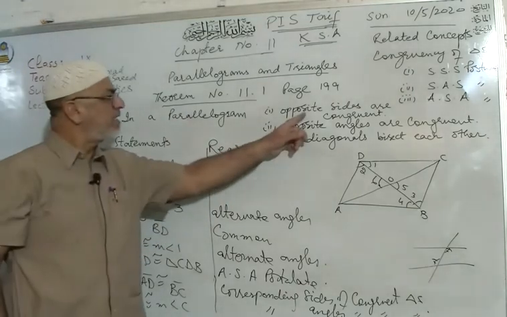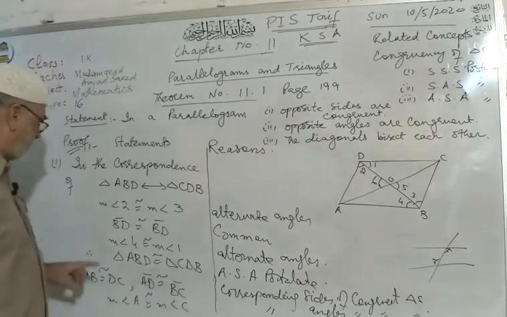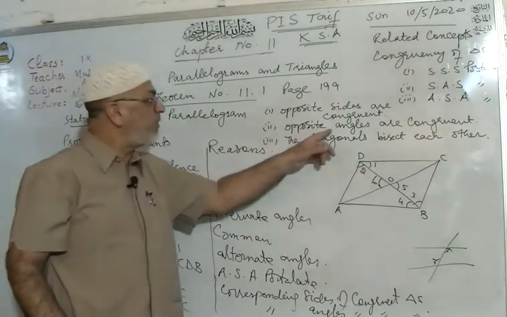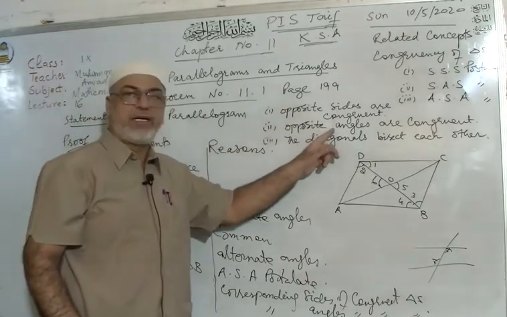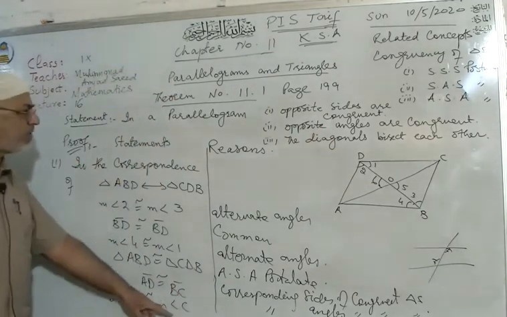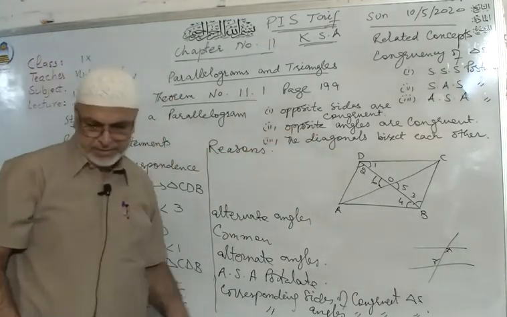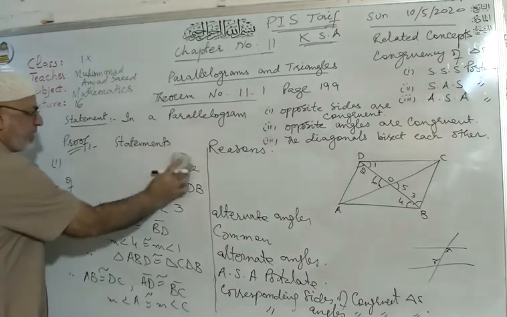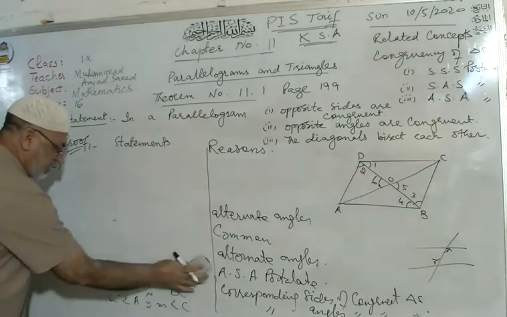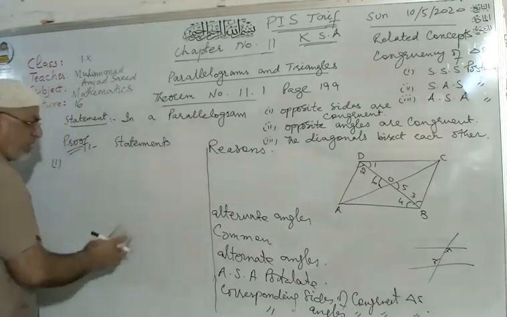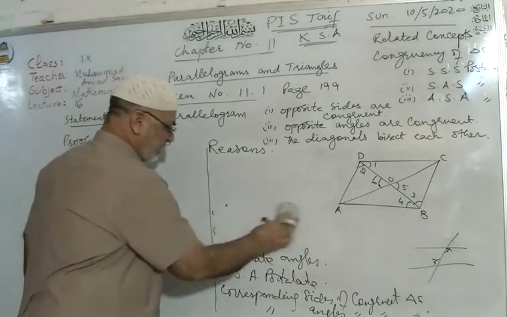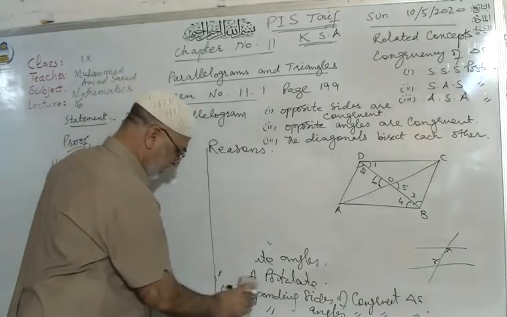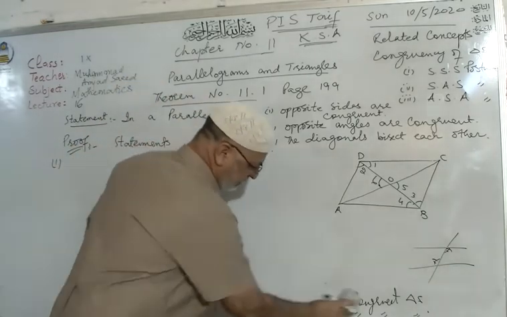The first result was opposite sides are congruent, and half of your second part is also proved. Angle A is congruent to angle C is in the second part. I hope that you are going to understand the steps. If you have any problem, you can contact me, and inshallah I will clear that point.